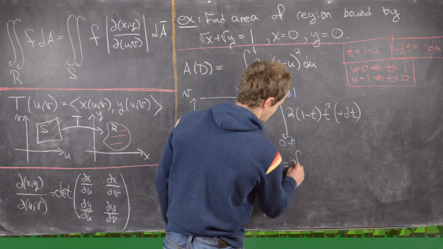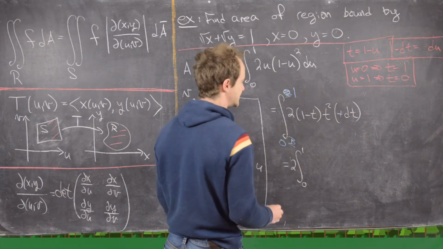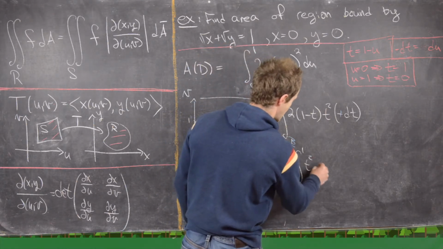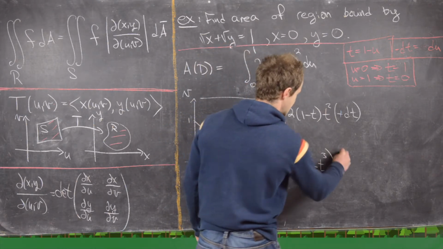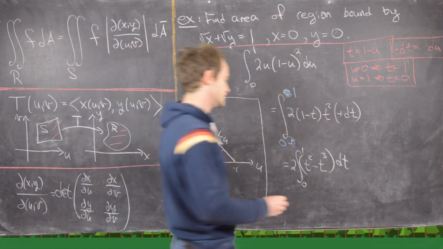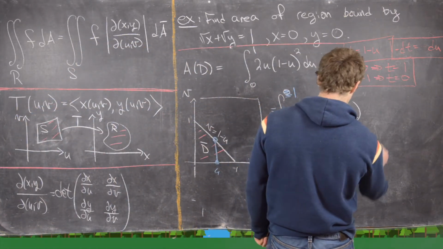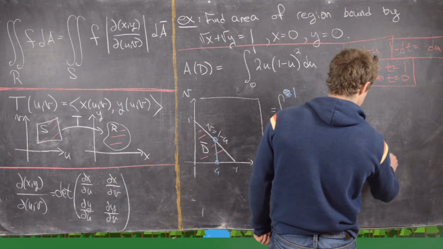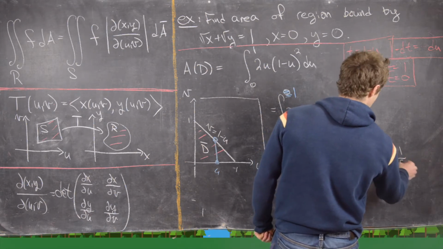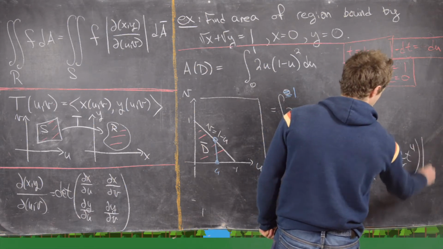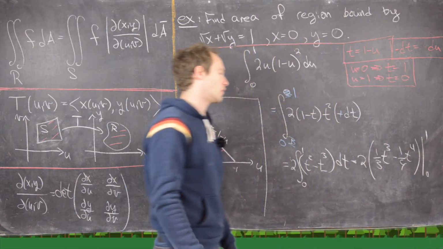So I'll bring that 2 out. I have the integral from 0 to 1 of t squared minus t cubed dt. But now I can just use the power rule. So that's going to be 2, and then I have 1/3 t cubed minus 1/4 t to the 4th, evaluated from 0 to 1.